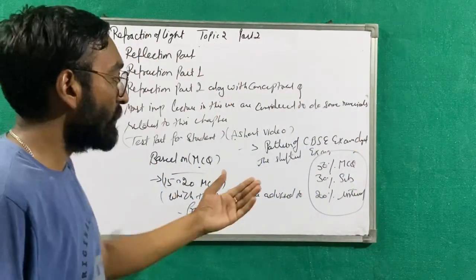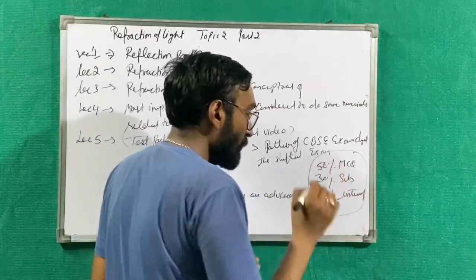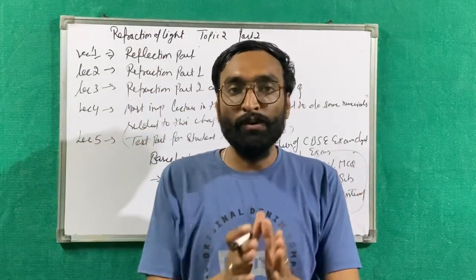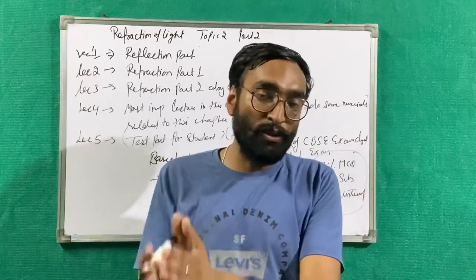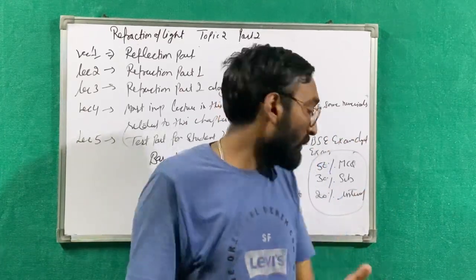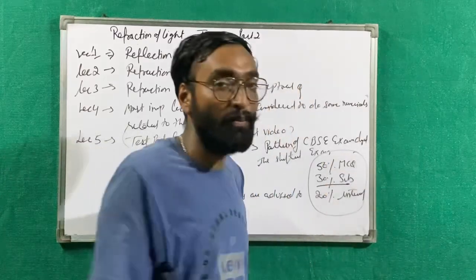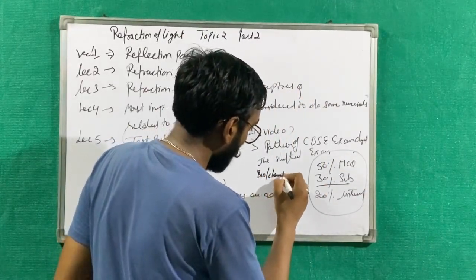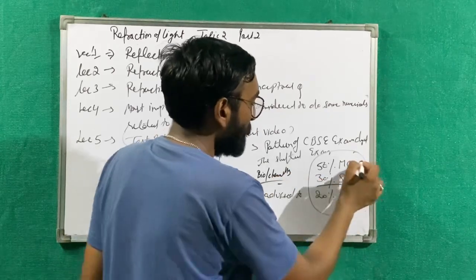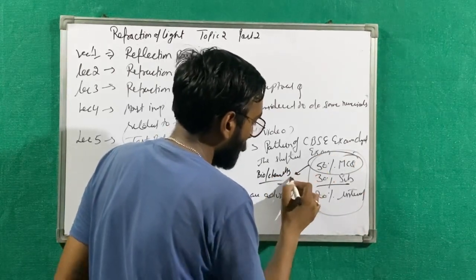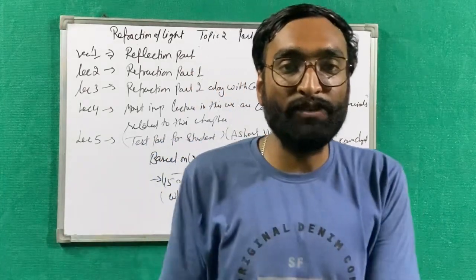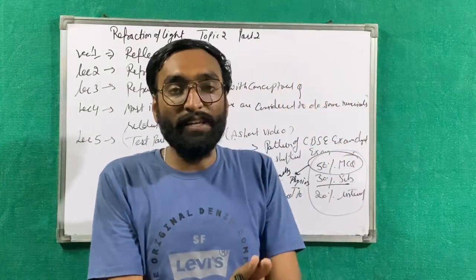So most of the MCQs are going to be from the part of physics, because in bio there are no more MCQs. They are making a 30% subjective part from bio as well as chemistry, but most of the MCQs are going to come from physics.